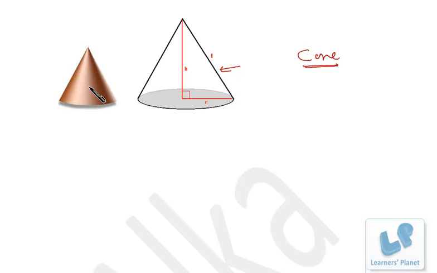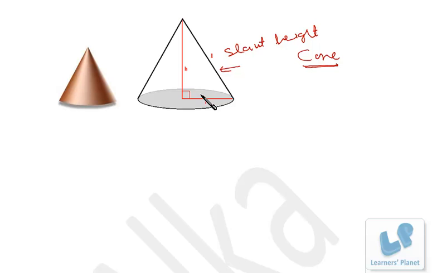So this surface is curved surface, and this is a circular surface, and this is slant portion, right? So this is known to be the radius of this cone. From this point to the center of the circular surface, it's the height of the cone, and this is known as the slant height, right? S-L-A-N-T, slant height.